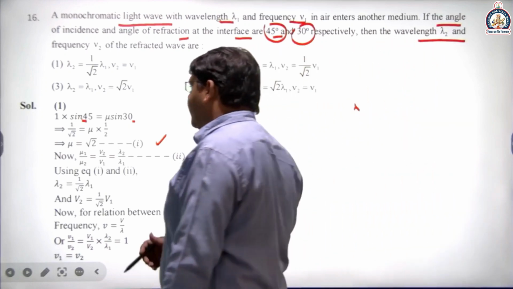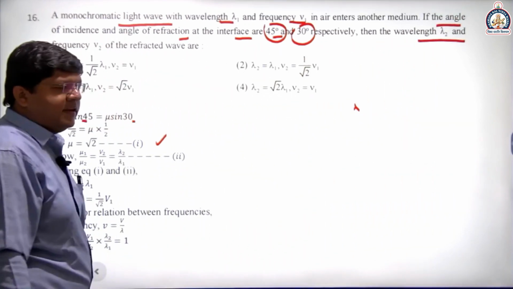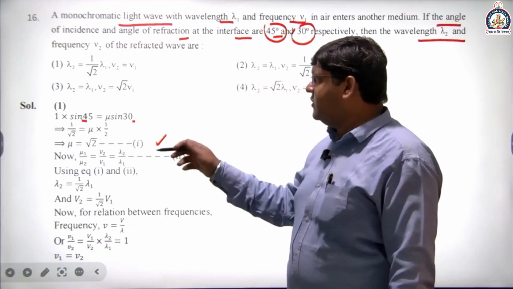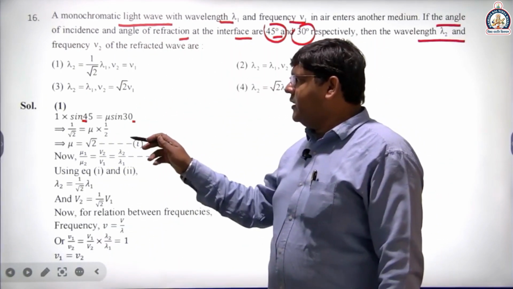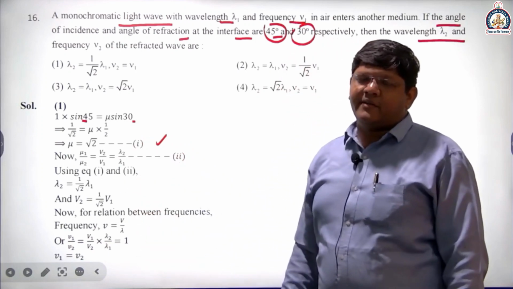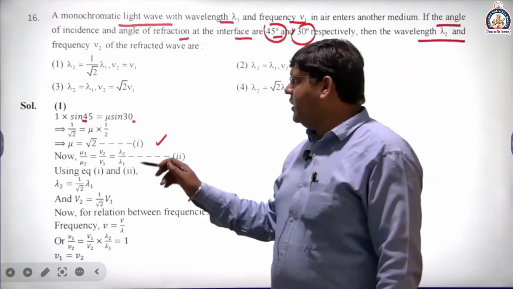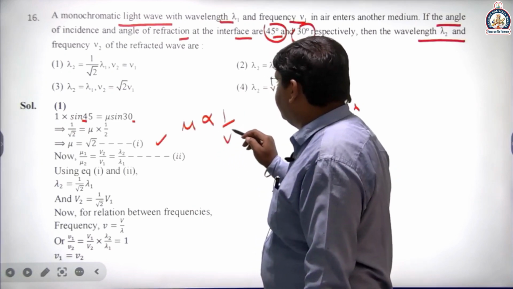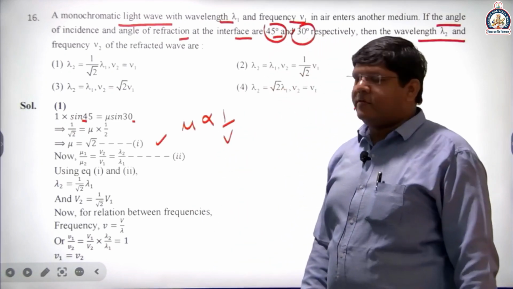Mu is the refractive index. It is the ratio mu is equal to sin i upon sin r. We have used this for the relation. Now the relation between refractive index and velocity is inverse, so mu and velocity are inverse.